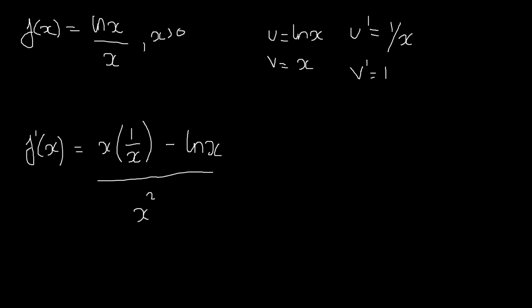If you look here, we have x in the denominator and x up here, so we can just cancel these out and we will be left with 1 minus ln x over x squared.